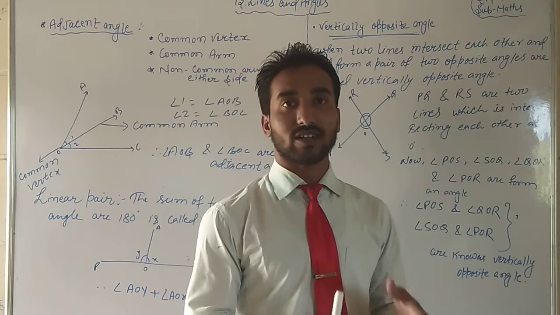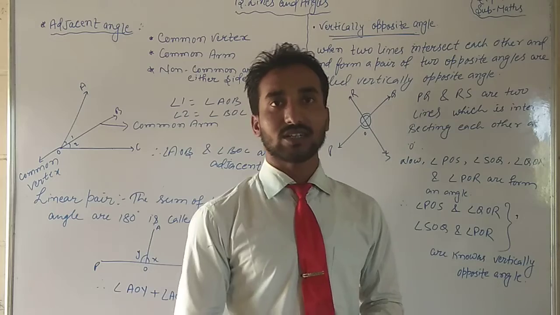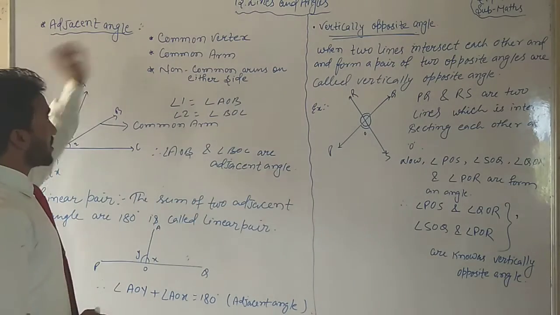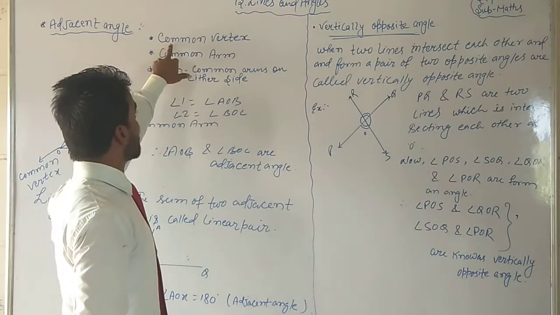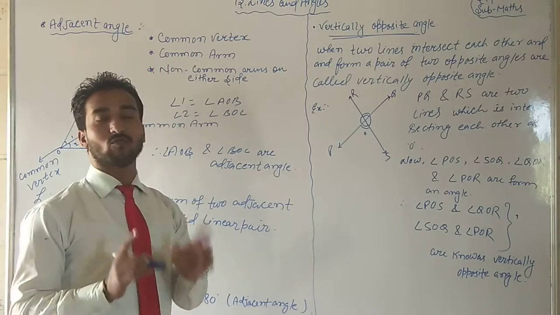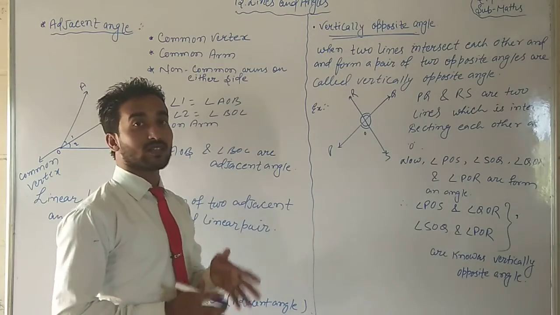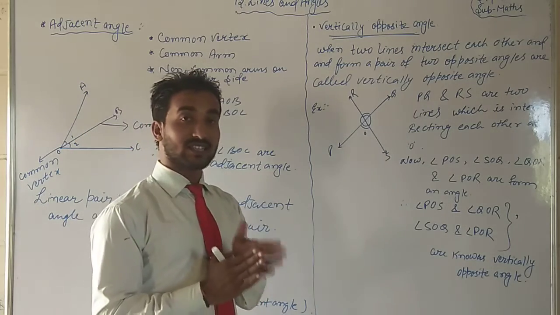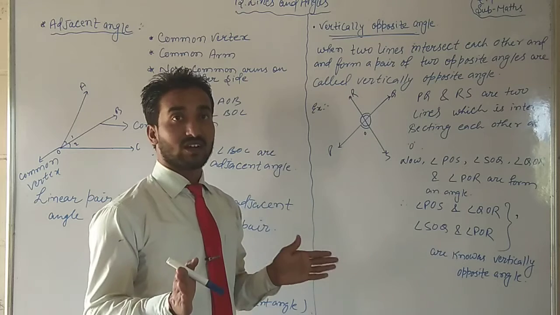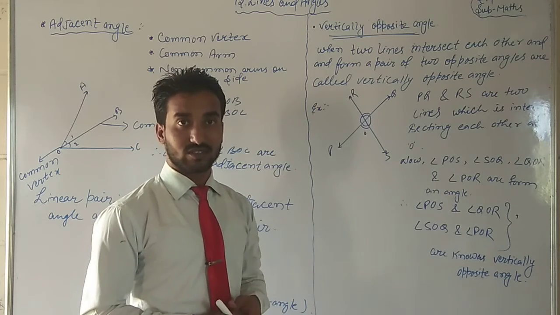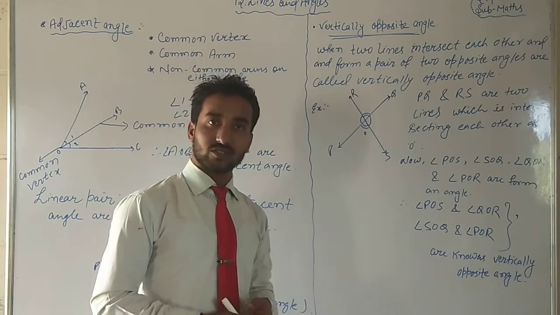In adjacent angles, we have to keep in memory that there will be a common vertex and a common arm. Except for the common arm, the other sides on either side will be non-common to each other.